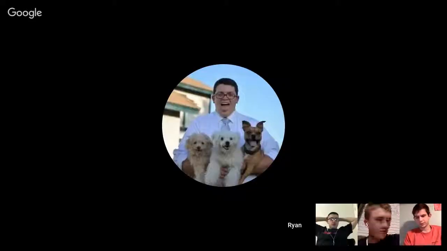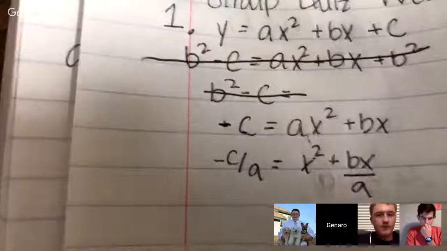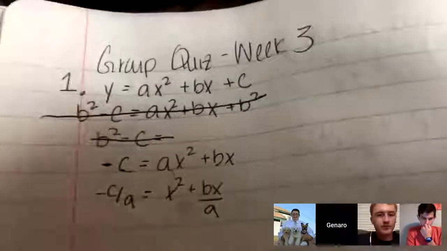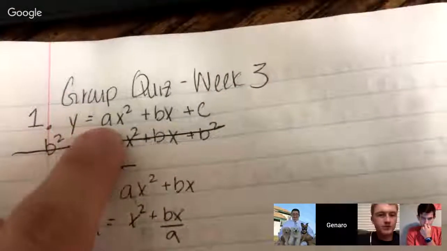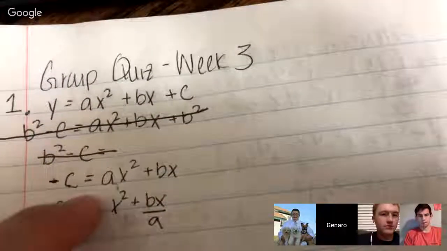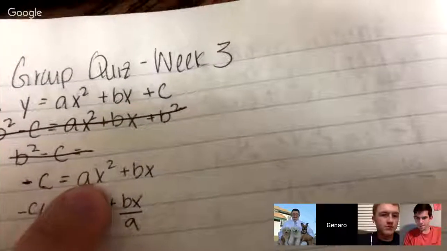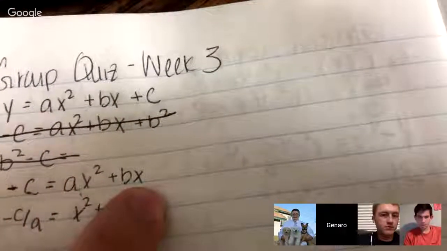So for the first problem, I can share my ideas on how to approach it. Okay, if you guys can see that. So this is the S. What I did, I subtracted the C to the other side to get AX squared plus BX.